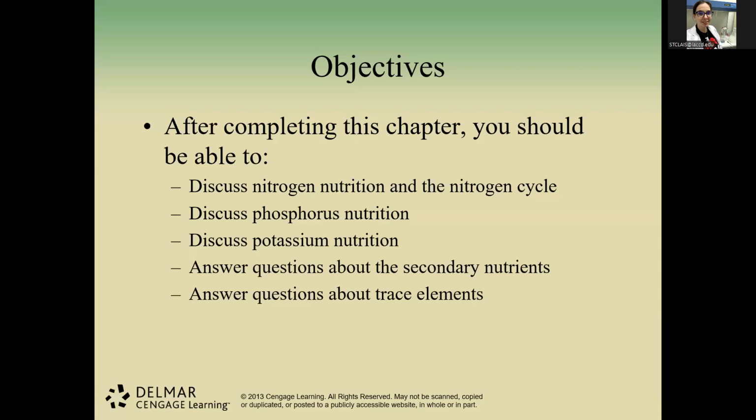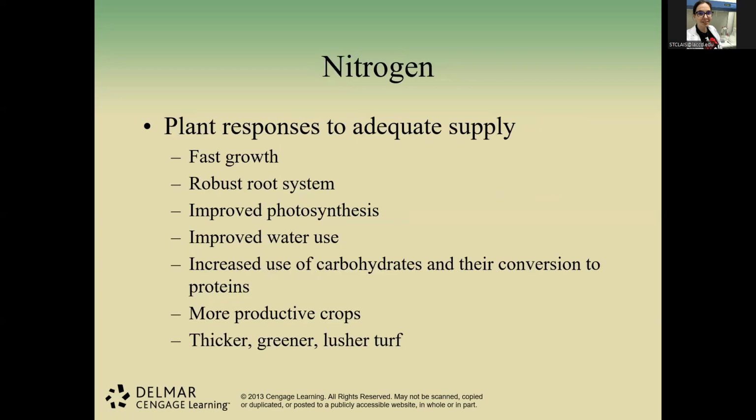All right, so let's take another look here at the slides. Getting a little bit more in depth into nitrogen. If we have an adequate supply of nitrogen, we should expect fast growth.